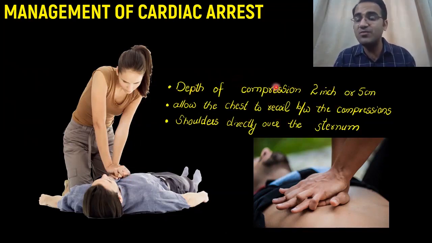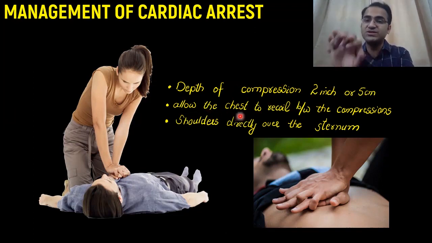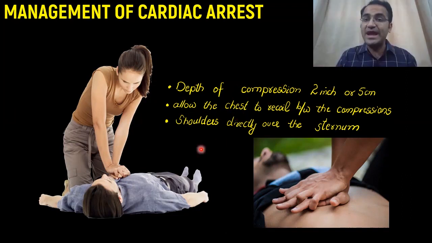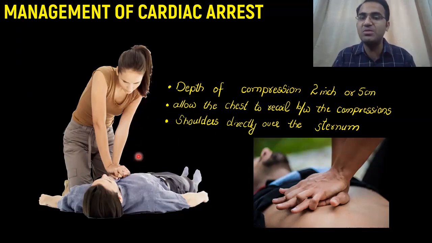So depth of the compression should be at least 2 inches, or in centimeters it should be 5 centimeters. Allow the chest to recoil between the compressions, but do not take your hands off the chest. Shoulders should be directly over the sternum. Your elbows should not be bent.